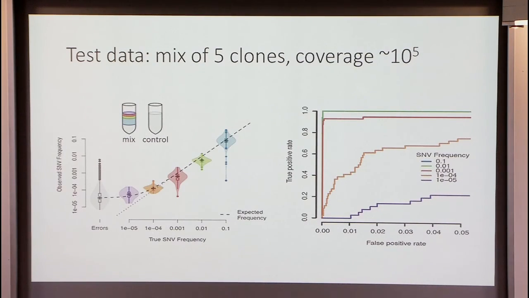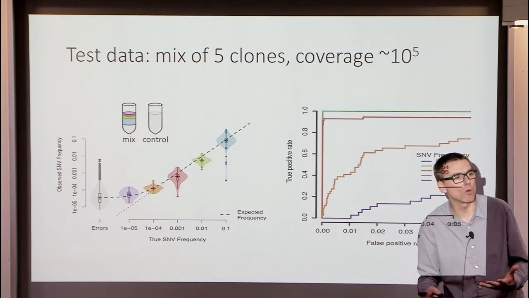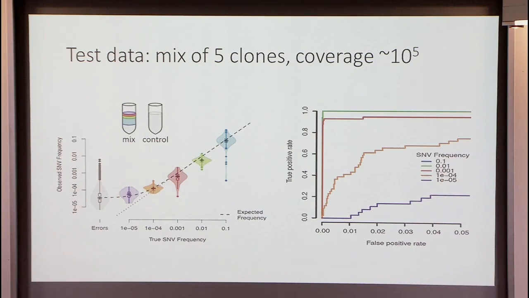So let's look at this in a control experiment where there were only 5 clones present in a mixture that was artificially put together, so we know what the mixture consists of.